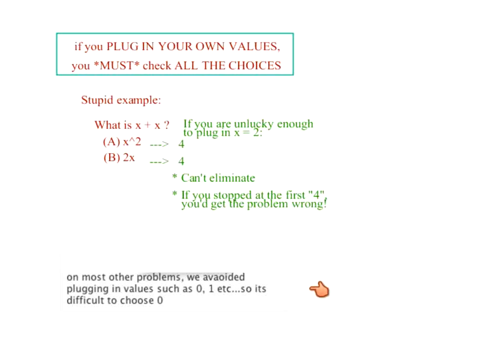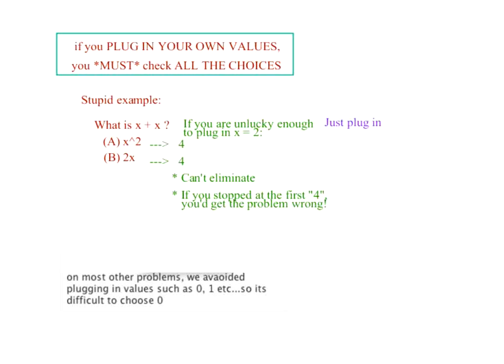But the point is, if it's going to be really annoying to plug in other numbers, you should still start with 0 or 1 and take your chances. Because the worst thing that could happen would be this. And this is not really that bad, because all you have to do is just plug in another number, which takes what, like, 5 seconds.